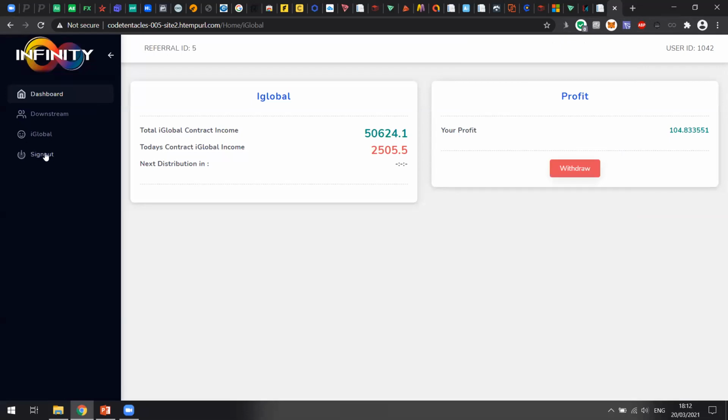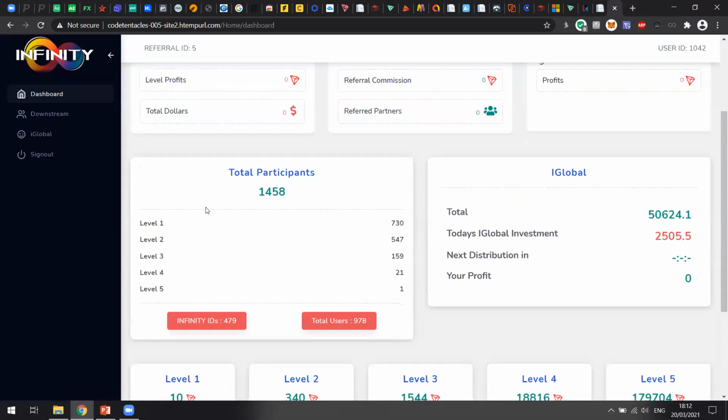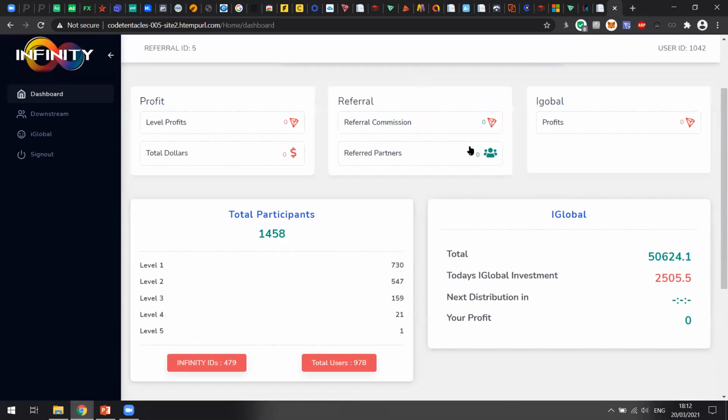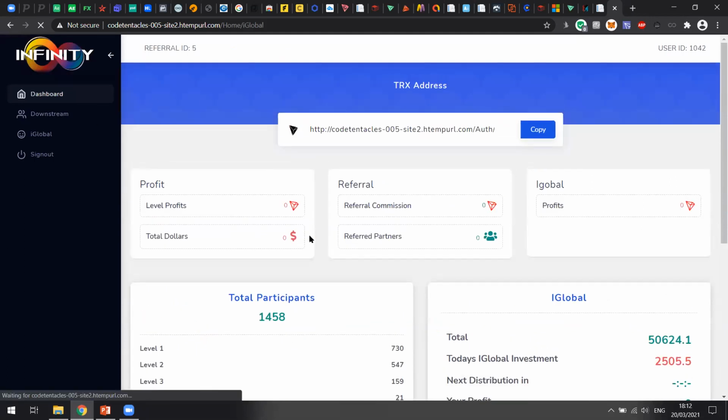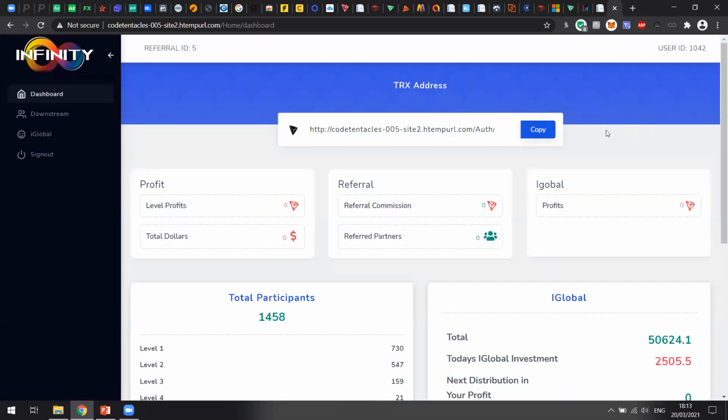Okay. No, it didn't go. Anyway, dashboard. And here still having 0. Anyway, we will see. Let the counter first come back. You see, it's 0. You withdraw. I believe I did. Let's see.